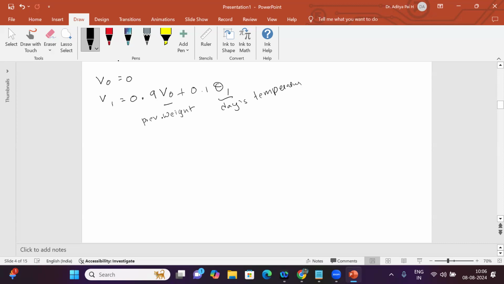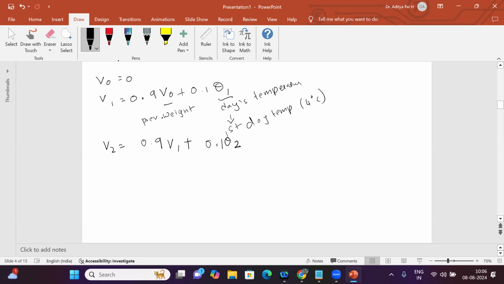Here theta 1 is the first day temperature, which you could see is 4 degrees Celsius. So my v2 will be 0.9 v1 plus 0.1 theta 2.